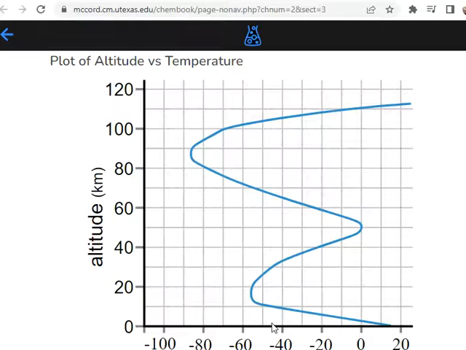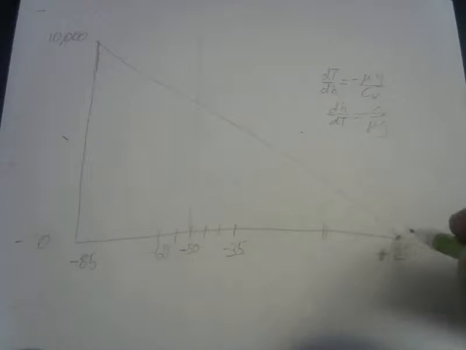But we don't have this. What we have instead is something like, what did the temperature go up to? Okay, the temperature at 10,000 meters was about minus 50. So I will put minus 50 in my graph. Okay, so there's the minus 50 line.